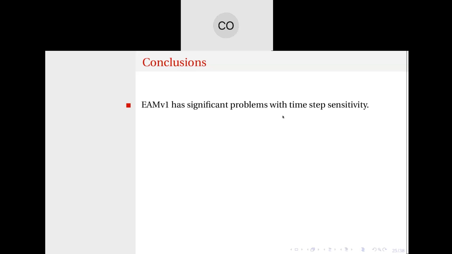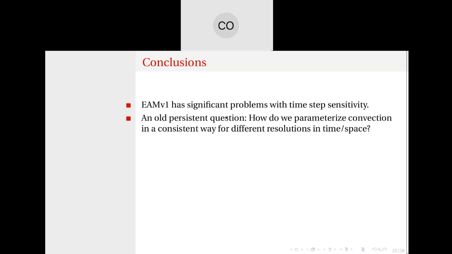It also introduces more headaches for tuning because you have to tune the model for different resolutions whenever changes are made. This has raised a really old, persistent question for a lot of models, which is how do you parameterize convection in a consistent way that works at different time and spatial resolutions?